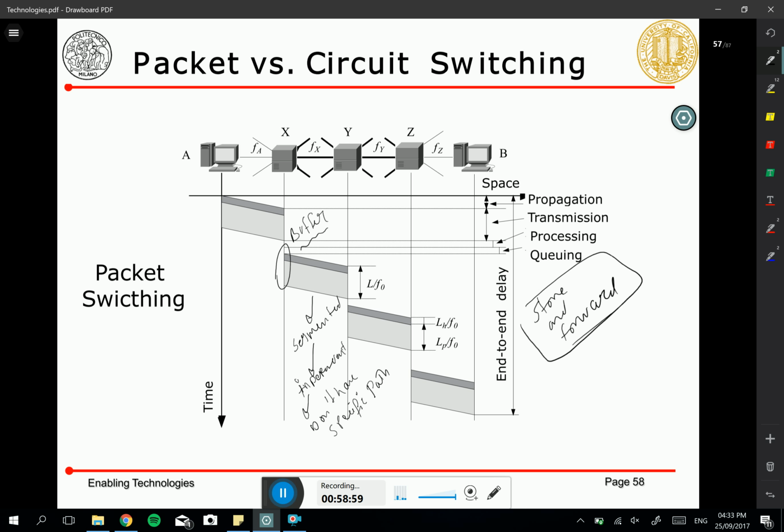In circuit switching, as I said, I dial my number, there are some signaling packets that will reserve a path for me. When I get the path, all this capacity is just for me till the end of the call. So what's the big difference again between packet and circuit switching? That in circuit switching, the delay between source and destination is fixed.